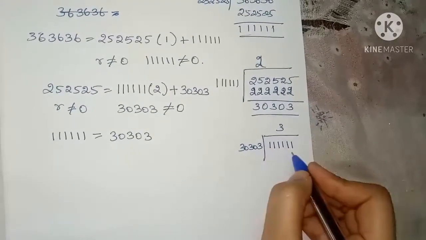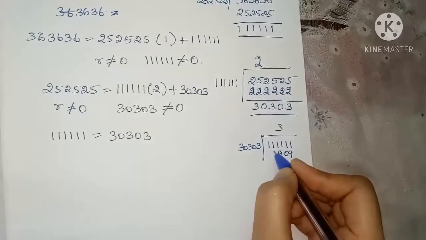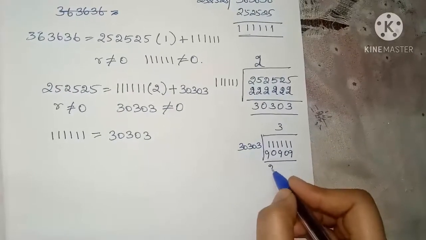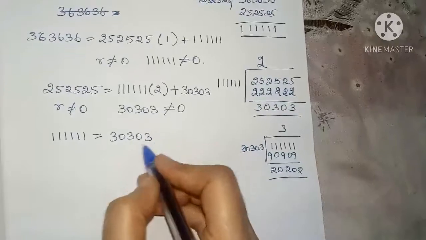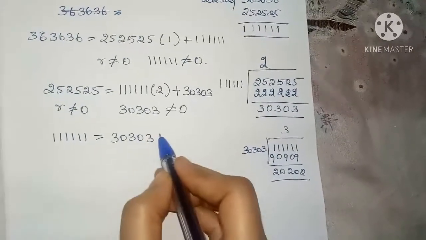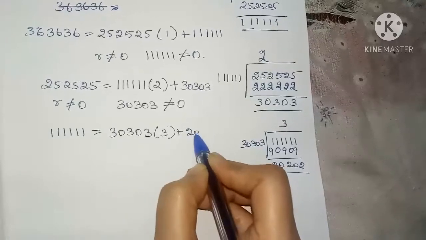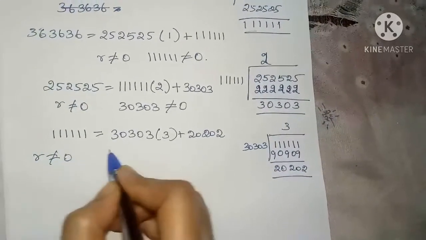Three times 3 3s are 9, 3 0s are 0, 3 3s are 9, 3 0s are 0, 3 3s are 9. So subtract this, we will get 20202. So write a is equal to b into q. Quotient is 3 plus remainder is 20202. Here remainder is not equal to 0.